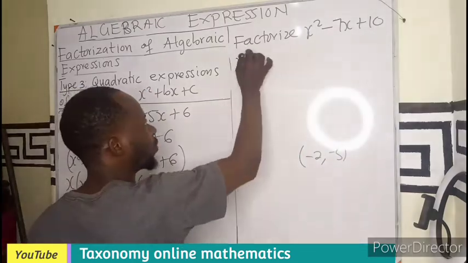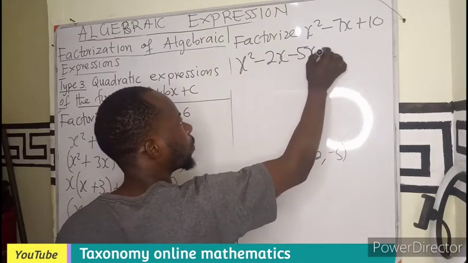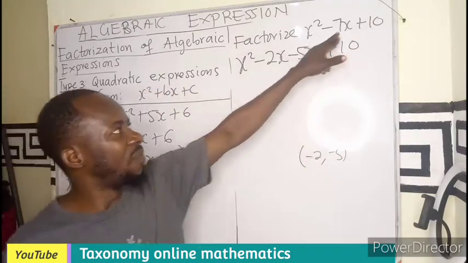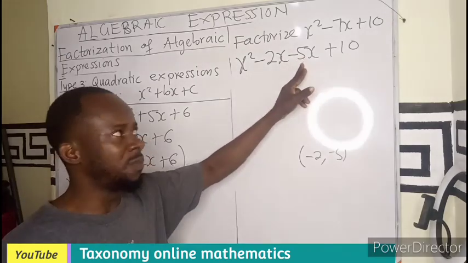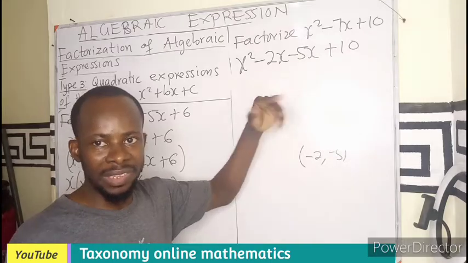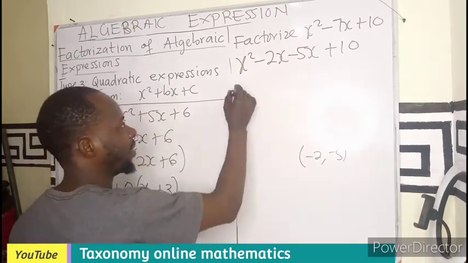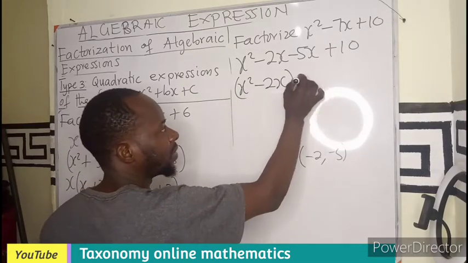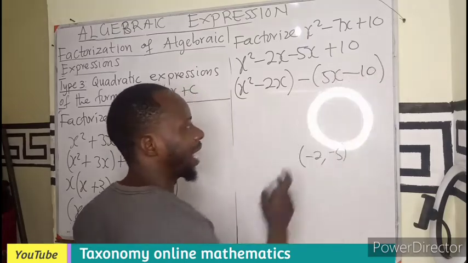So you replace the 7 by -2, -5, with the x being at the back of it. So I have x squared, and we are only replacing the 7 we have there with -2, -5, and the x is added to each of them. So what do we do? We group them. So I'll be having x squared and -2x in one bracket, minus 5x and 10 in another bracket.